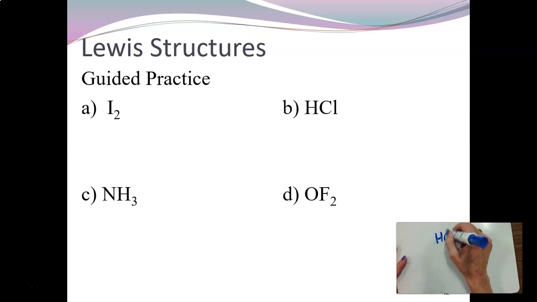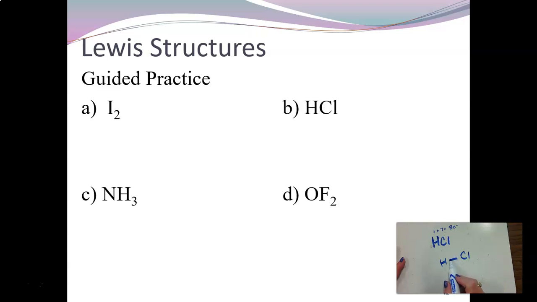Let's try the next one. Hydrochloric acid, HCl. Hydrogen has 1 valence electron. Chlorine has 7, for a total of 8 electrons in my structure. Which one's going to be the central atom? That's kind of a trick question. They're just going to be next to each other. There's not a center here. So put chlorine on one side, hydrogen on the other. Hydrogen has its octet already.